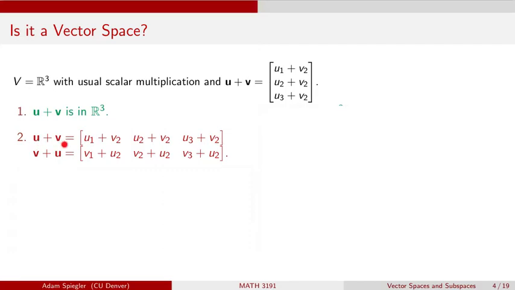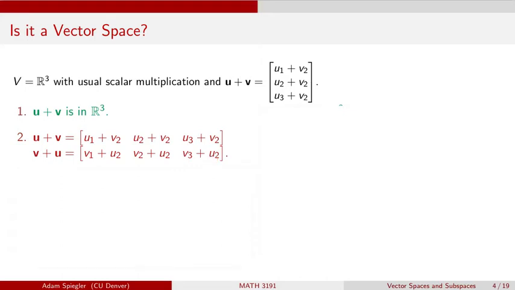So if I take U plus V, then by this definition of addition, I would get U1, V2 as the first one, U2, V2 as the second entry, and U3, V2 as the third entry. If I change the order that I add vectors, now I'm going to get V1 plus U2 as the first entry, V2 plus U2 as the second entry, and V3 plus U2 as the third entry.